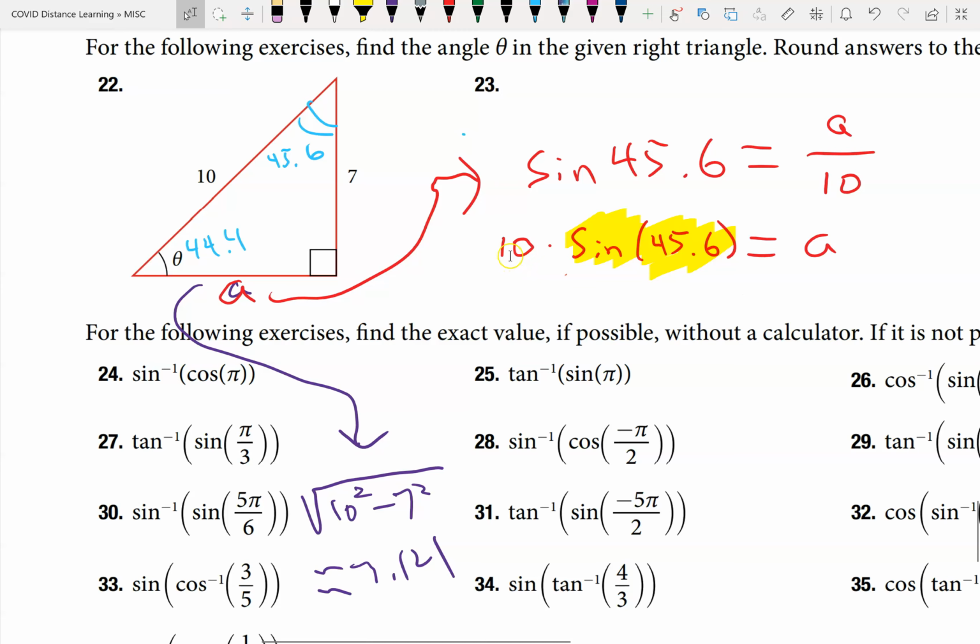At this time, do 10 times sine of 45.6 degrees in your calculator. It should output that same 7.14, which means this thing here is going to be 0.714. Everybody ask a calculating device of some kind, what is the sine of 45.6 degrees?